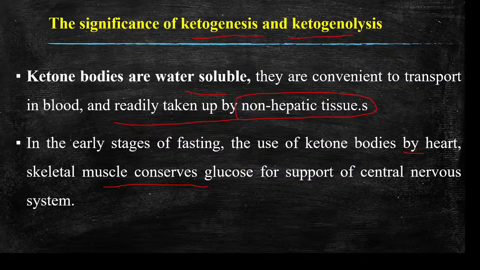So our heart and other muscles will utilize fatty acids and support the central nervous system, where the brain prefers to utilize carbohydrates or glucose as a source of energy.